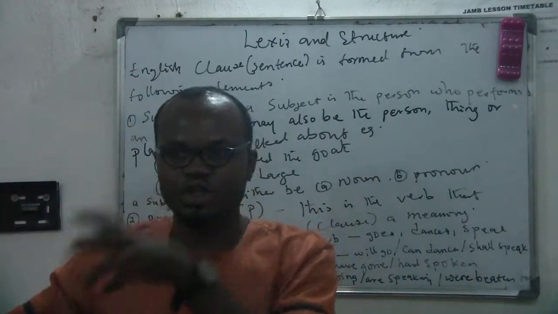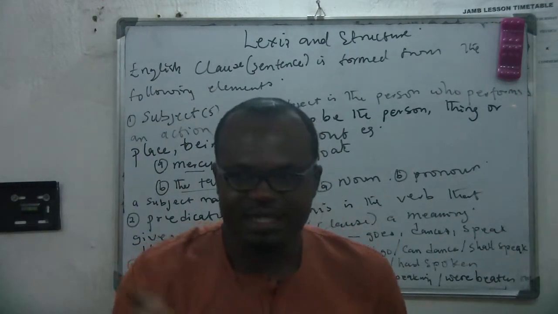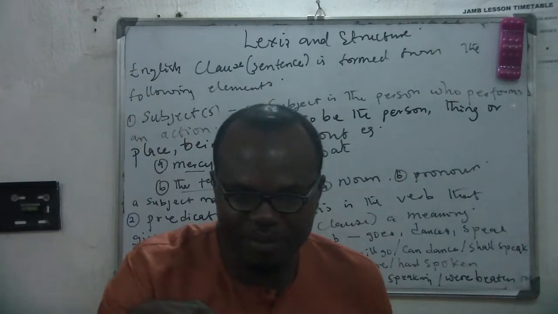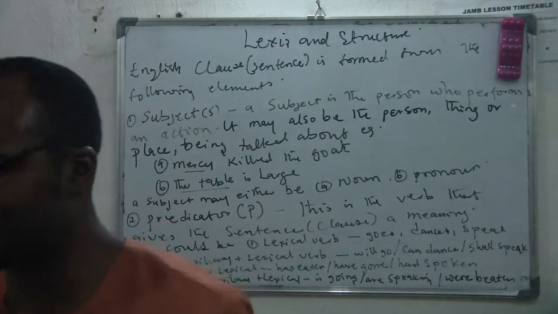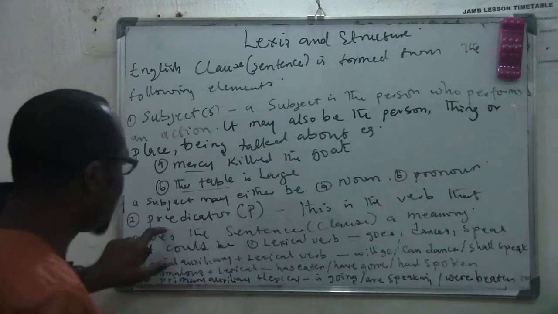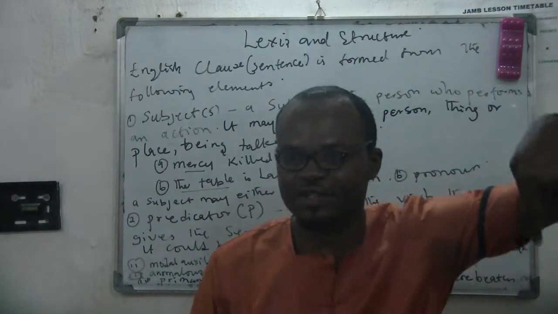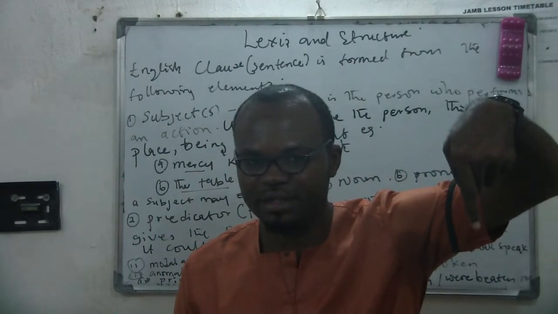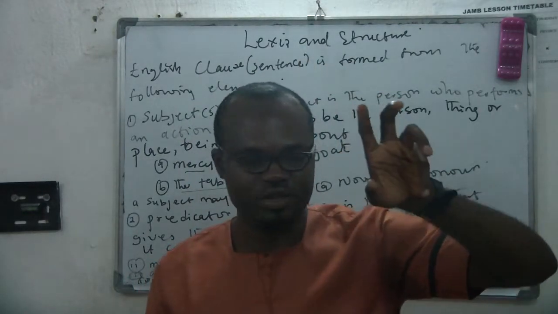What is the action that Tolu is performing? Beats. The action being performed by the subject is known as the predicator. Then who is receiving the action? Musa, isn't it? So that object or thing receiving the action is known as the complement.